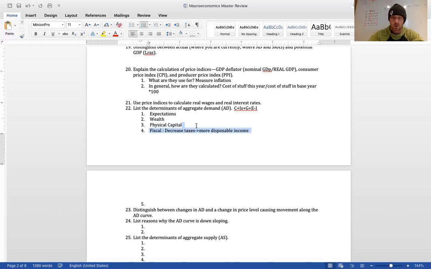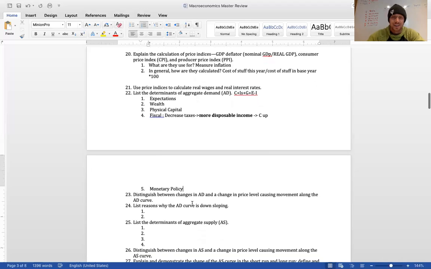And this part's really important. The AP test is a stickler on this part, but if people have more disposable income, they can consume more, which causes aggregate demand to rise. The other one is monetary policy. Monetary policy has to do with the money supply and changing interest rates. We'll dive into that more later.